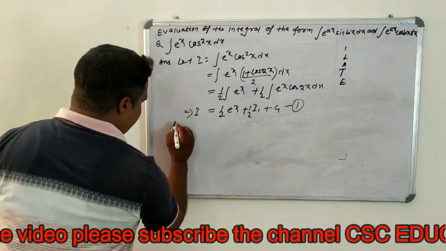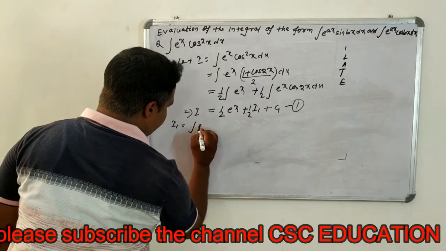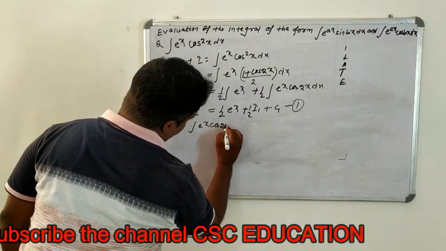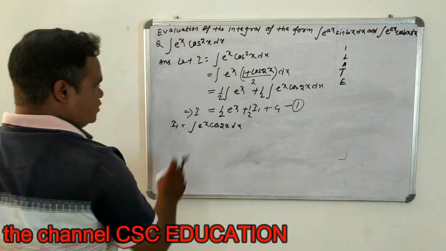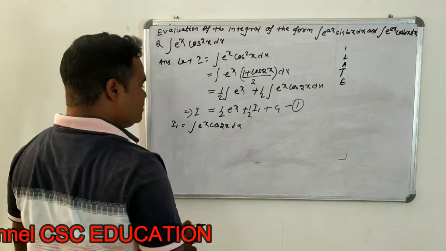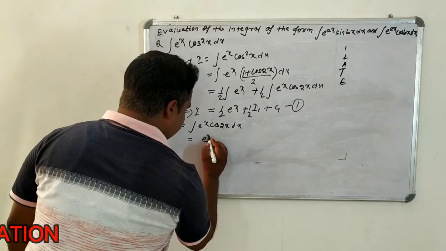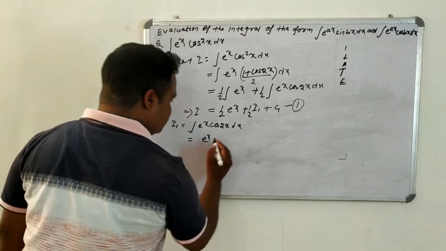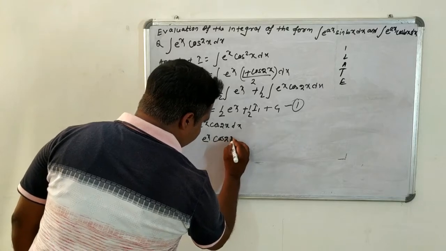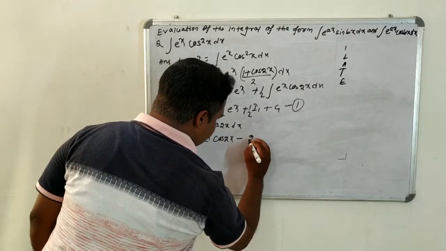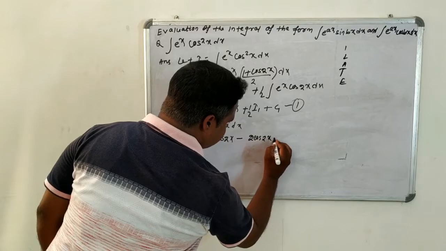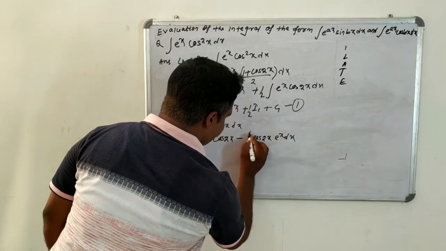Again, I1 equals the integration of e^x cos 2x in the formula form. So here first function, second function, integration by parts. This value equals e^x as the integral value of the second function, cos 2x as the first function constant, minus the integral of derivative of cos 2x, which is minus 2 sin 2x, times e^x dx.